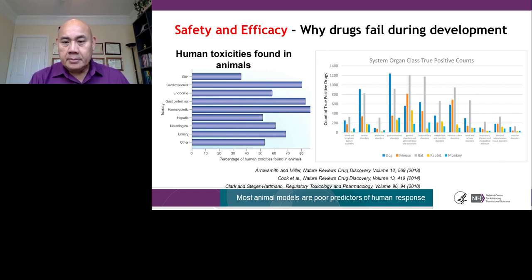One of the recent publications, a recent paper looking at close to 4,000 drugs that have gone through FDA approval over the past 70 years, indicates that no matter what animal model you use, whether it be a dog model, non-human primates, or rodents, probably dogs would be at best predictive of about 25%. But generally, all these animal models are not necessarily useful in predicting human response.